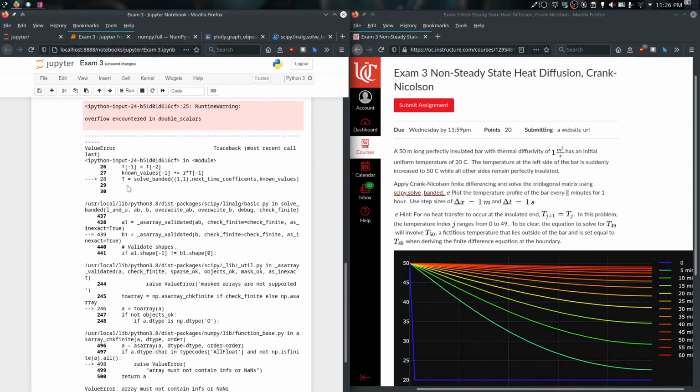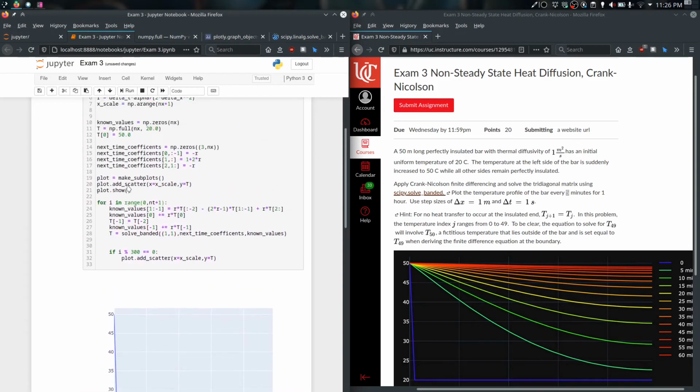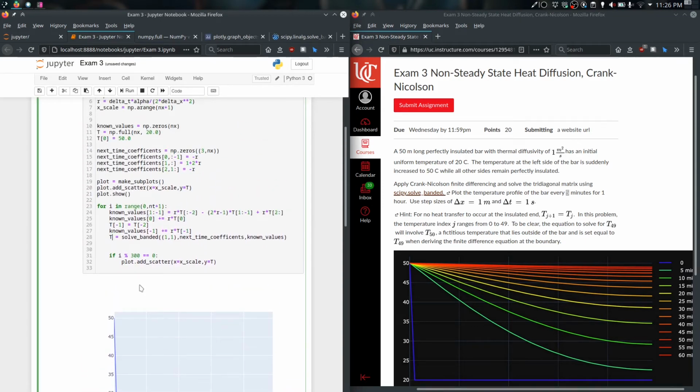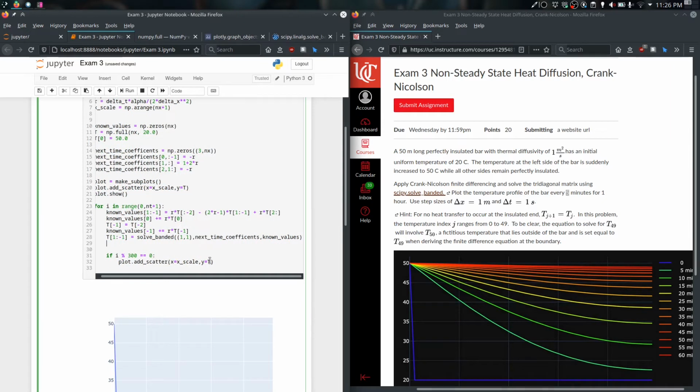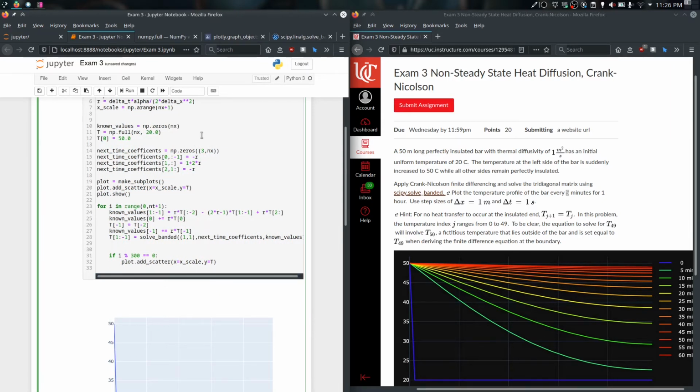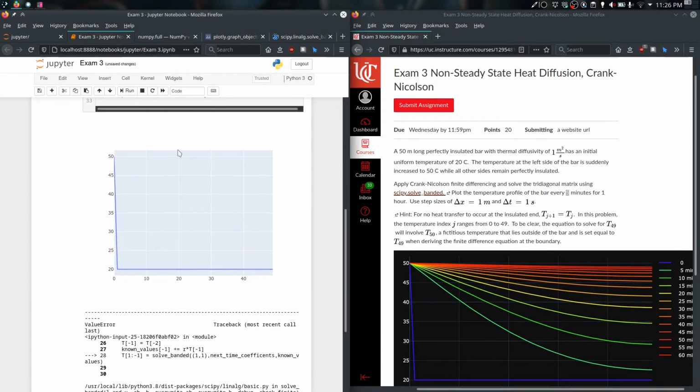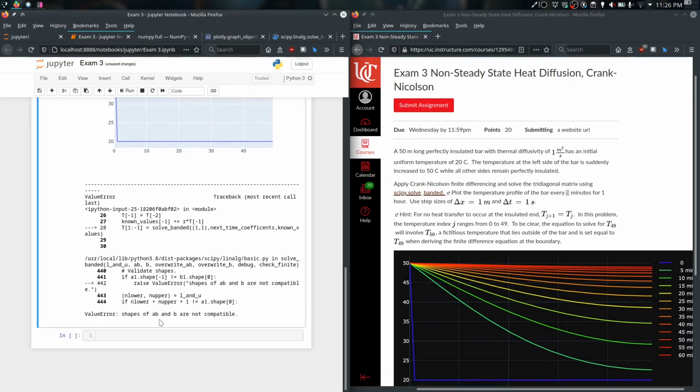Oh, that's okay. We have some more dimension issues in here as well. Since we're actually modifying the internal ones but not the boundaries, we really need to make this one nx - 1. I hope I'll fix that problem, but that's okay. For the time coefficients, we actually need this to be nx - 1 because we need to ignore those boundaries, and this will hopefully help deal with the issue of being smaller. Shapes seem to be not compatible.